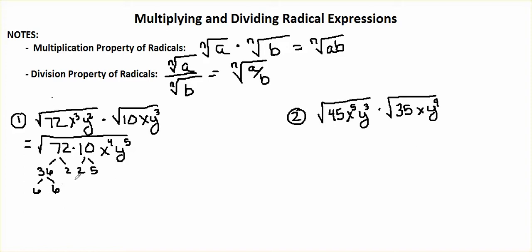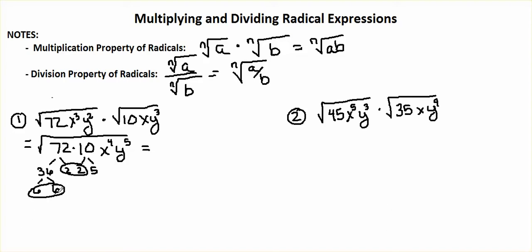So I'm not going to factor my 6's anymore because I have a perfect group of 2 here. And if I factored them down, I would just get 2 groups of 2 that would equal 6 when I pulled them out. So I'm going to keep it like this. Now I am looking for groups of 2 because I'm taking a square root, and I have some nice groups of 2 right here.